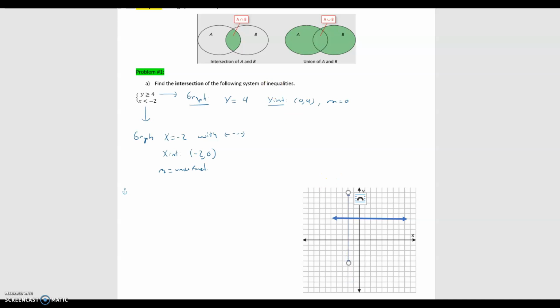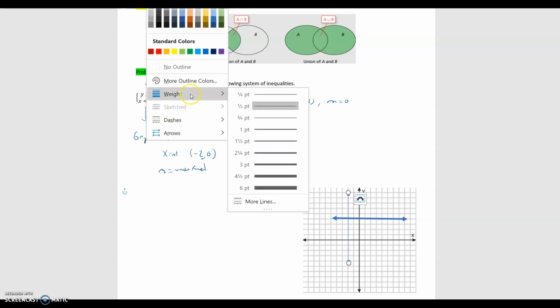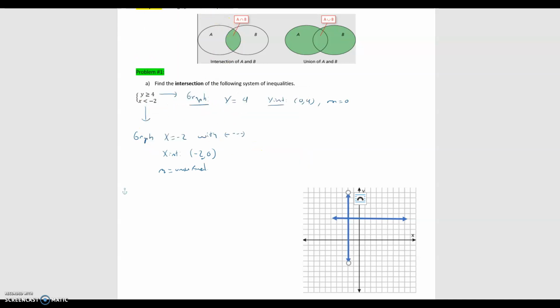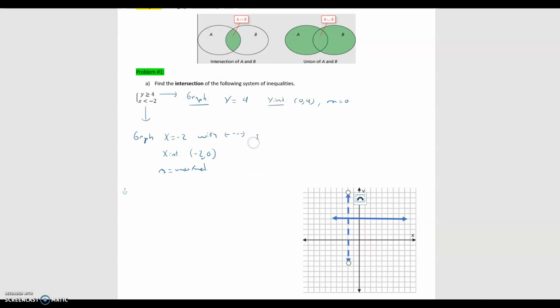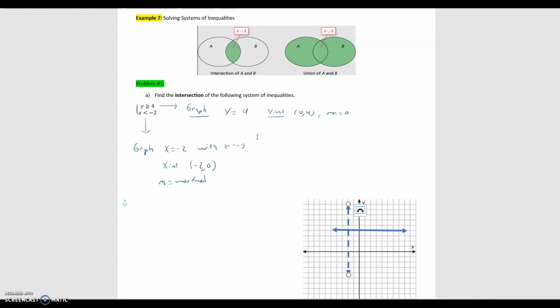Okay, here we go. Remember that we're doing a dotted line because it says x is less than -2, and y greater than or equal to 4. So greater than or equal to 4 is going to be solid.